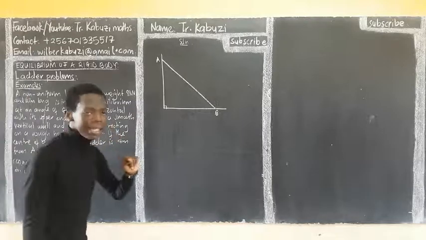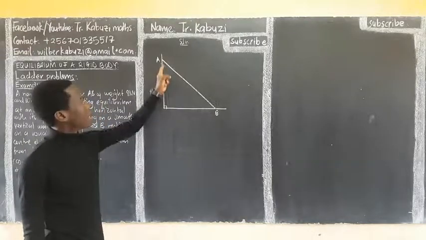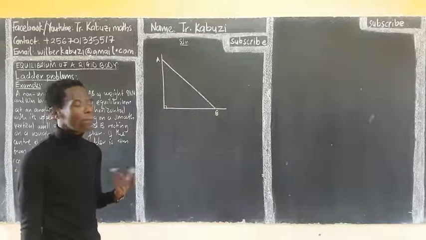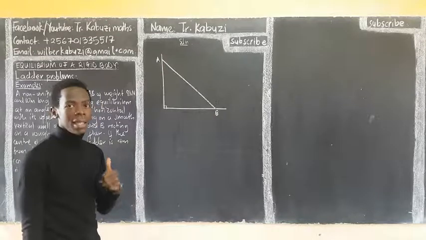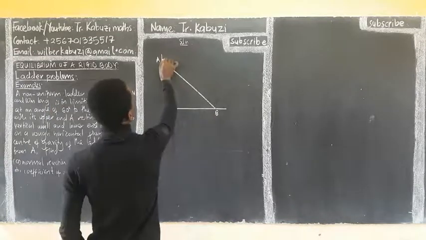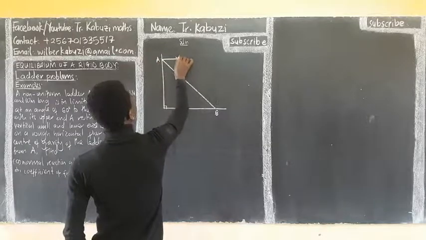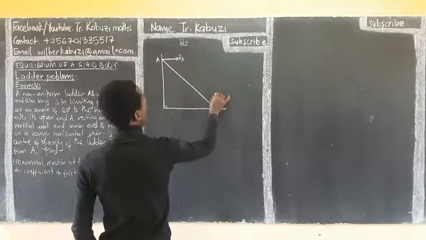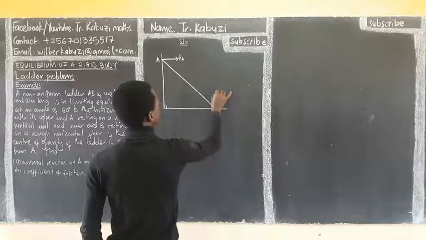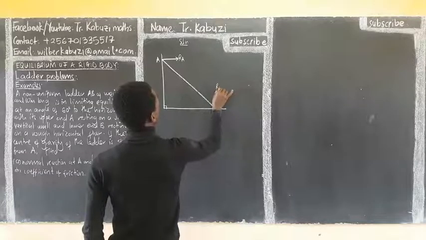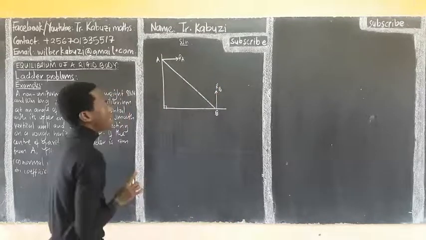First of all, is there a contact? Yes, here and here. So what happens if there is contact? There is a reaction. So reaction at A, then reaction at B.